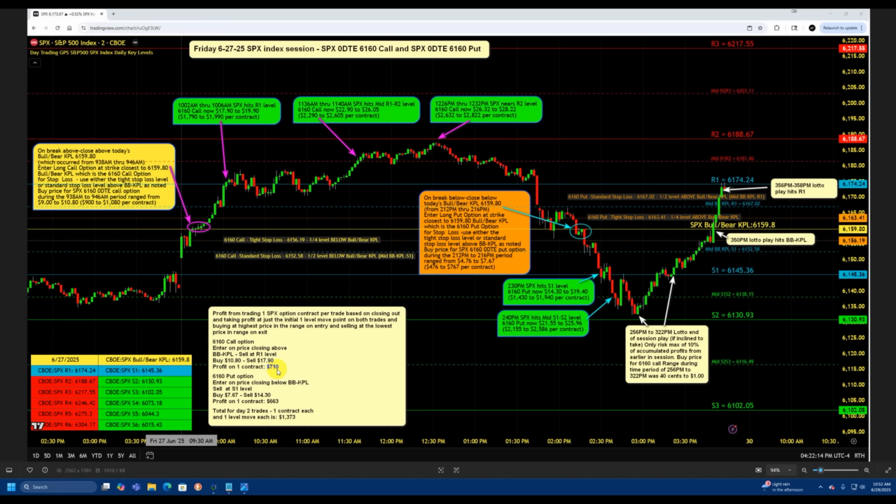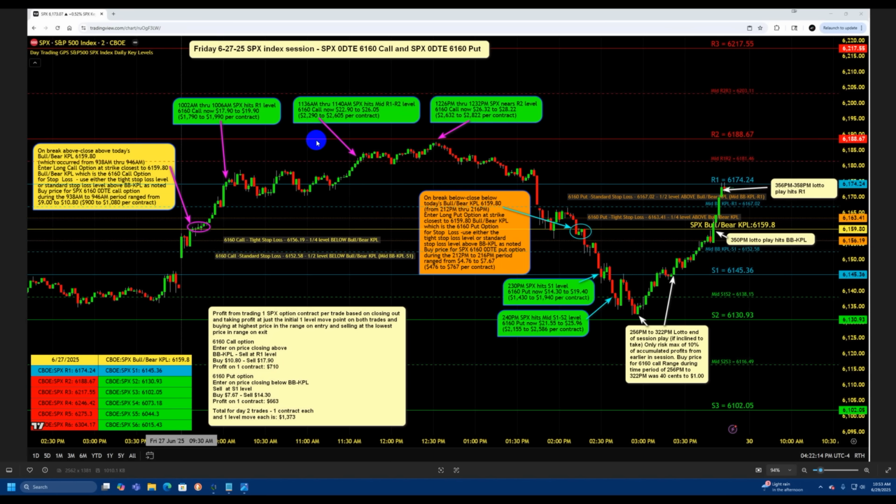Again, we're just looking at one contract, worst case scenarios here. If you had 10 contracts, you can simply multiply that by 10, so that would have been $7,100. And if you had 5 contracts, it would have been $3,560.